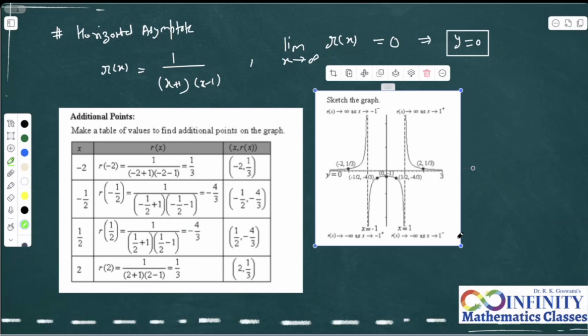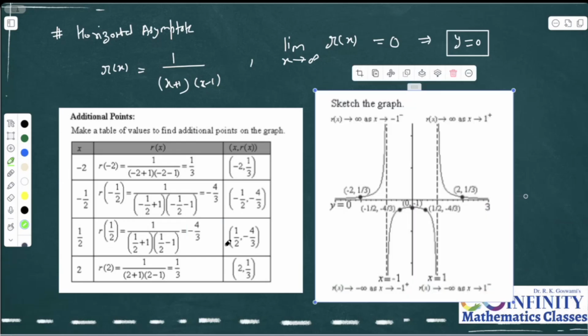This is the similar graph we have obtained. They have used some additional points, like I used 1.1, 1.2, something like that. So they are using some definite points. Whenever you have a definite graph, you can just assume 2, minus 1 by 2, and see what the values are. You can just use those points to take the path of the graph.